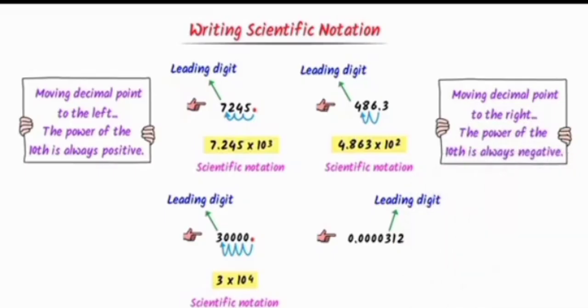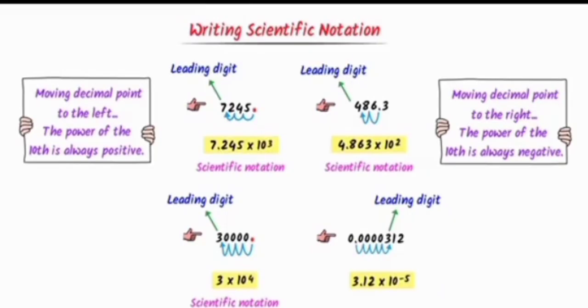Here I move this decimal point to the right. 1, 2, 3, 4, 5. I put this decimal point after the leading digit. I write 3.12 into 10. I have moved the decimal point to the right 5 times. I write minus 5. So I get 3.12 into 10 raised to the power minus 5. This is called scientific notation.